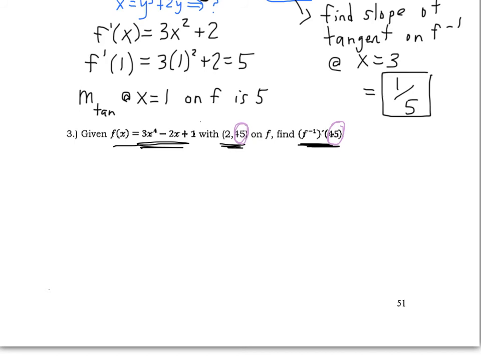So go ahead and find your derivative of f, so f prime of x. That's going to give us 12x cubed minus 2. And now we're going to find the derivative at the x value of 2.